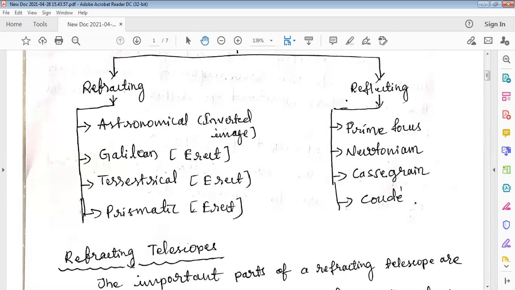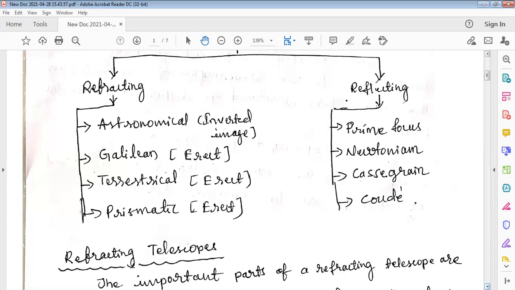These are the four types of refracting telescopes. In the case of reflecting telescopes, there are also four types: the prime focus type, the Newtonian design, the Cassegrain design, and the fourth one is the Coudé design.